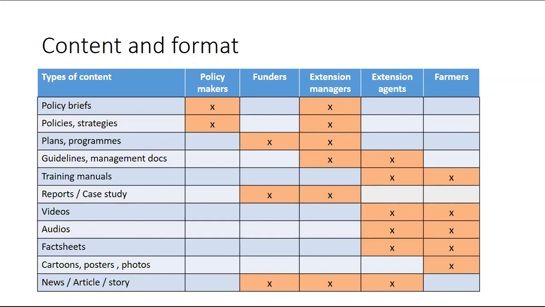But the main documents they are looking for are here in red with an X. So for founders, they want to know if you really have a plan, if you have a clear program in mind, and have you already done something in the past that is convincing for them to support you? That's why they are looking for reports, case studies that have been written, success stories.